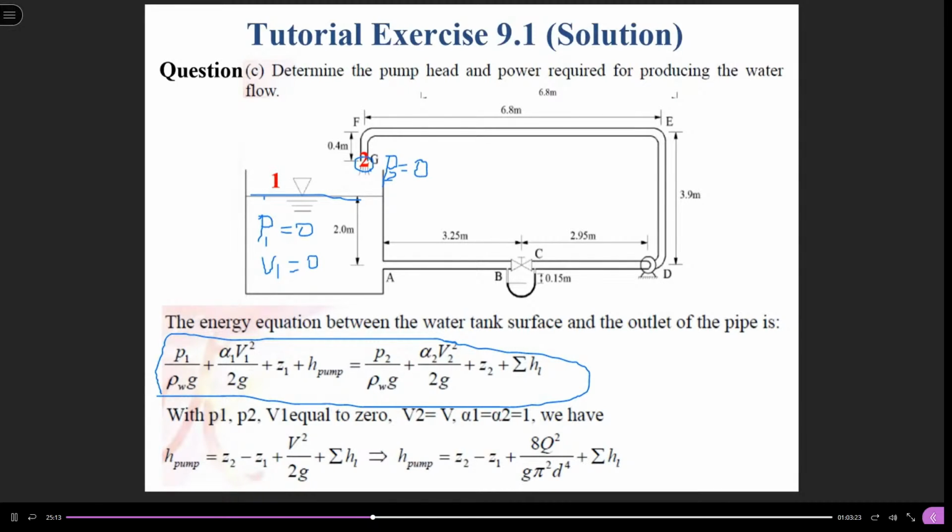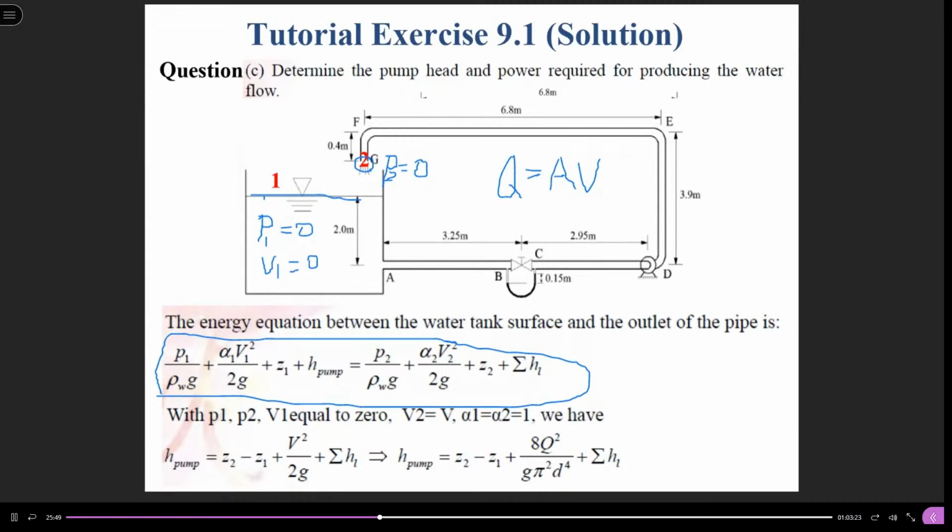Then velocity at the outlet of the pipe can be calculated through the flow rate and area of the pipe, according to this equation, right? The continuity equation. Then the velocity at the outlet of the pipe can be determined.